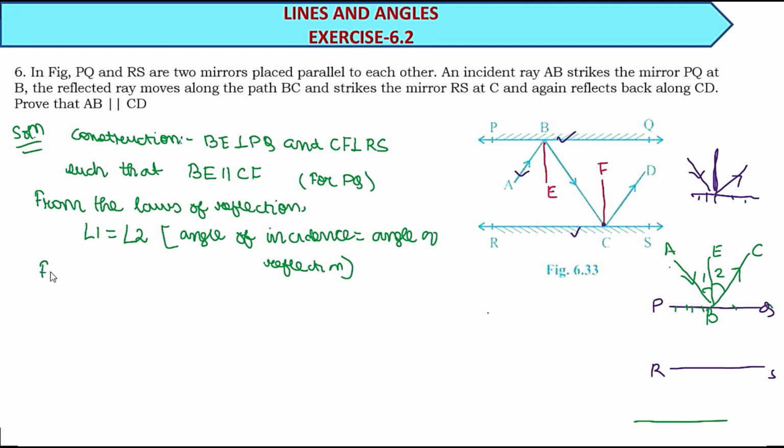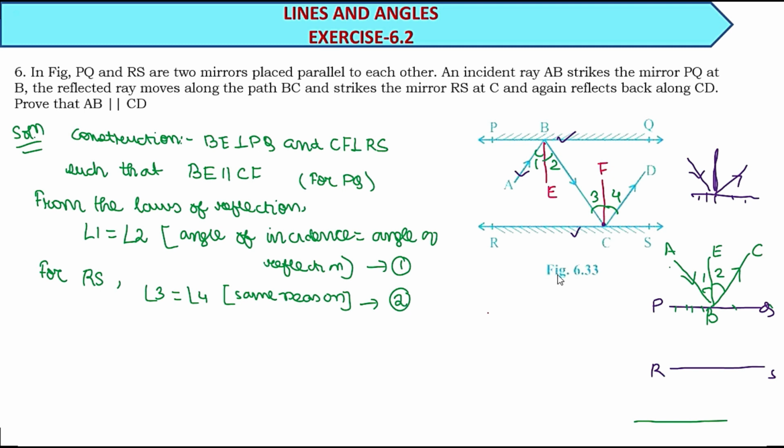For RS also it is the same. We name this angle 3 and this angle 4. So here also angle 3 equals angle 4, for the same reason. Call this equation 1 and this equation 2.